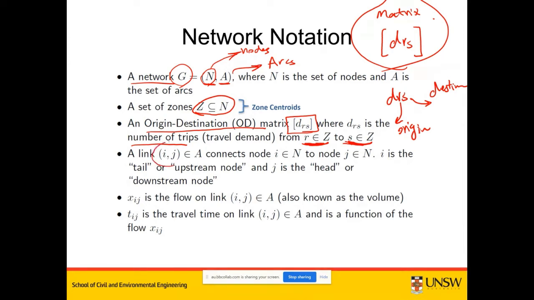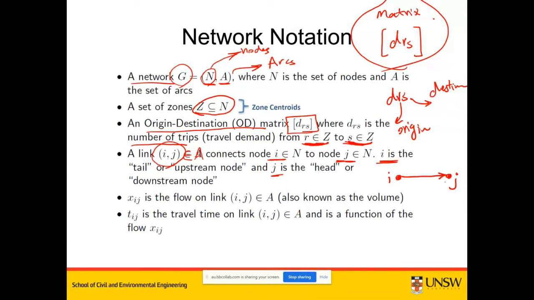So what is IJ? IJ basically is a link. IJ is in the arc set if it connects node I to node J, and I is also called the tail or upstream, and J is the head or downstream. So if this is I, this is J, this is IJ.